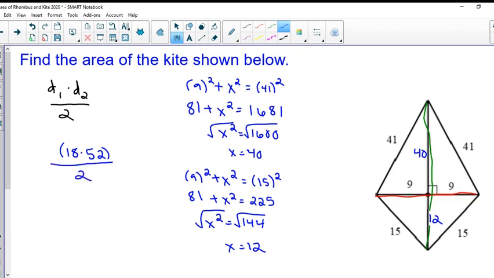And then we are going to divide by 2. Multiplying 18 times 52, we get 936, divided by 2. Go ahead and do that division, and we get 468 units squared. There is your area of this kite.